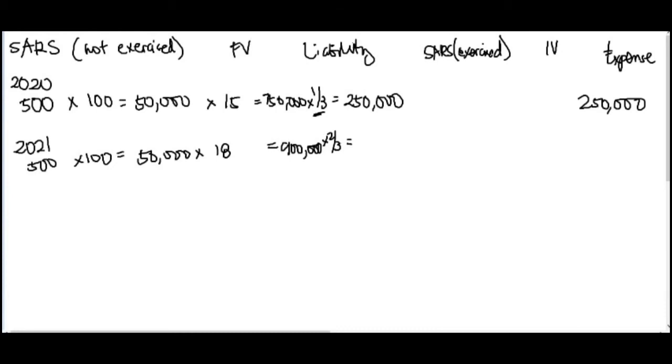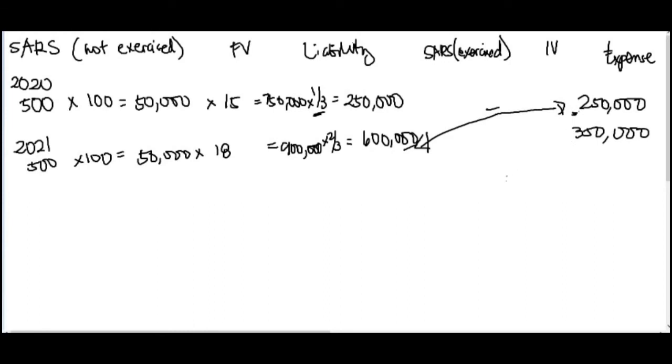Meron kang accrued liability for that year na 600,000. Kaso, sabi natin, dahil nasa loob ng 600 si 250, ma-minus. Kaya, for the year, ang total expense ay 350 lang. 600 minus 250. Okay? 600 minus 250, 350.